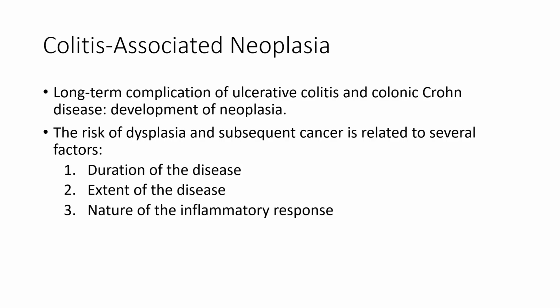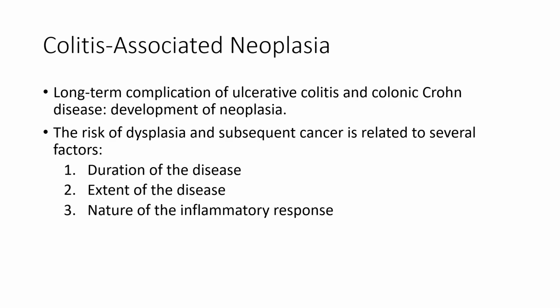One of the most feared long-term complications of ulcerative colitis and colonic Crohn's disease is the development of colorectal adenocarcinoma. And preceding adenocarcinoma, dysplasia will develop. The risk of developing dysplasia and subsequent cancer is related to many factors. These factors include the duration of the disease.